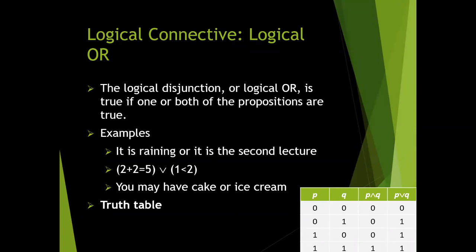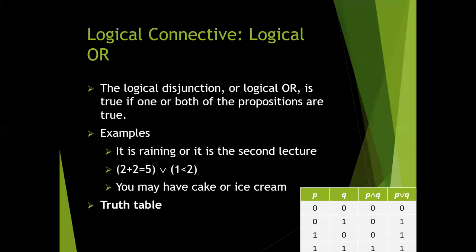Let's see an example using the truth table. Same example, same thing that we took for the AND: the values for P are false, false, true, true, and for Q, false, true, false, true. Now for the OR, if there is one true proposition, either P or Q or both, then the value will be true.